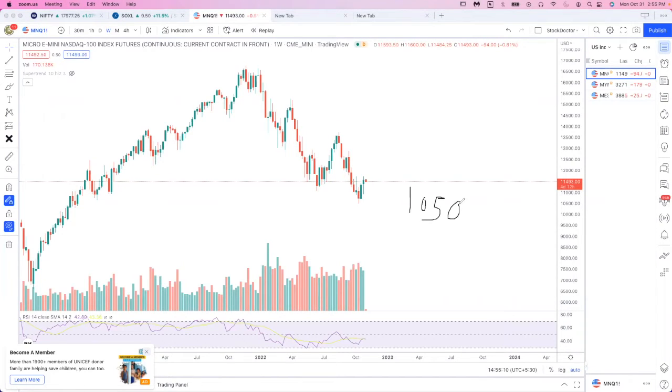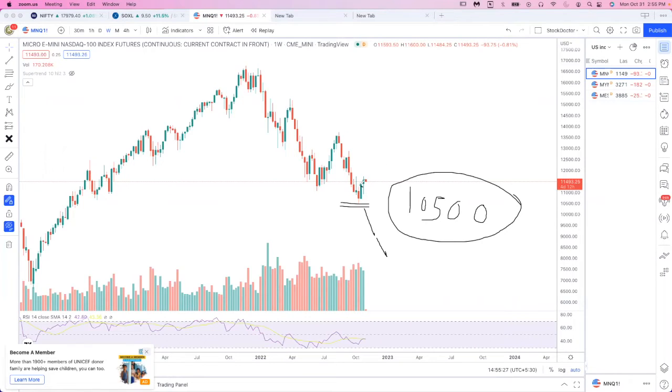Once it starts trading and sustaining below 10,500 on the weekly time frame, then we will consider that the market might go below the level of 10,000 and near 9,800. So that is not the case now.